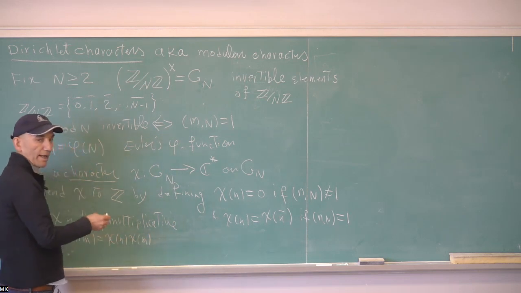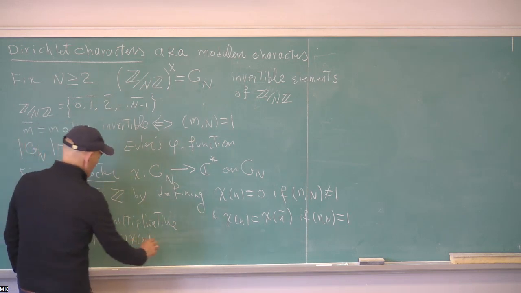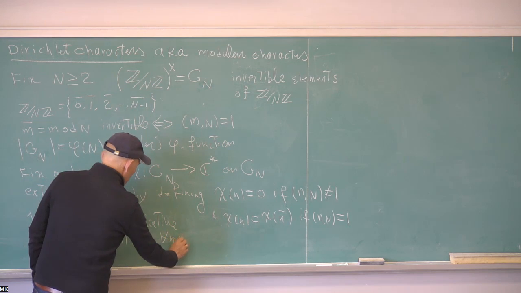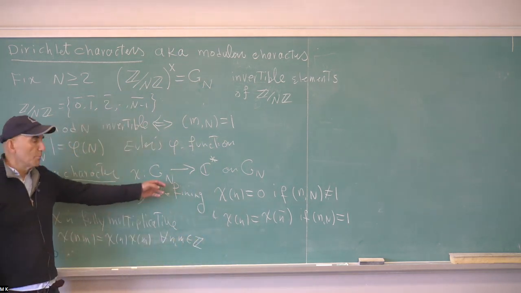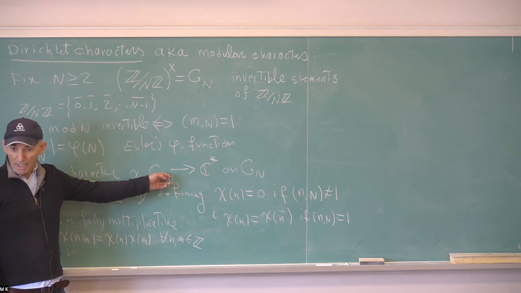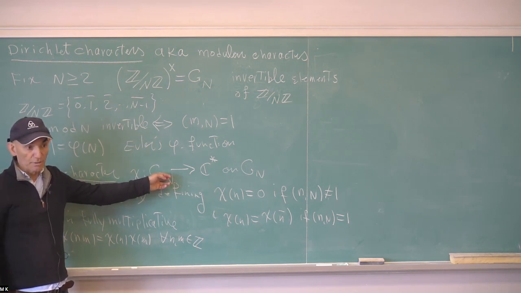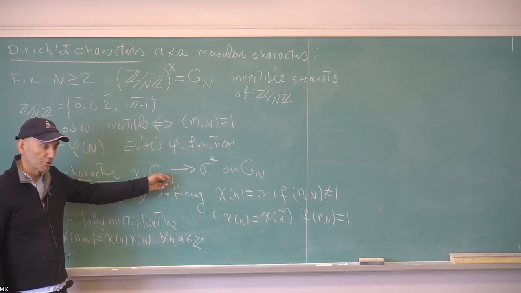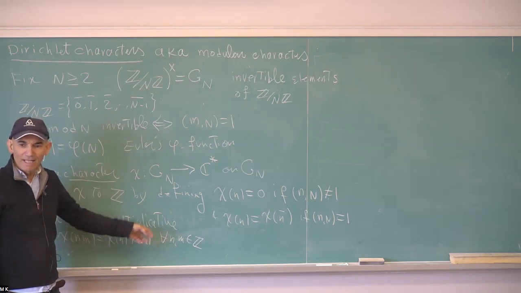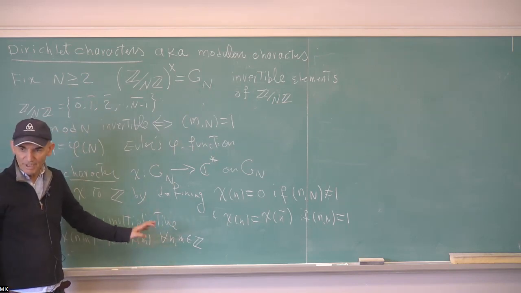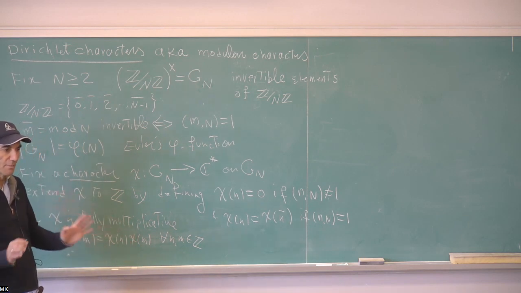This is for all n and m in Z. Well, you see, it's already multiplicative on Gn because it's a character, and I'm using the product rule on Gn, not addition. I'm just using multiplication. And you can see that when you extend, multiplicativity is going to be preserved by looking at, say, some cases.